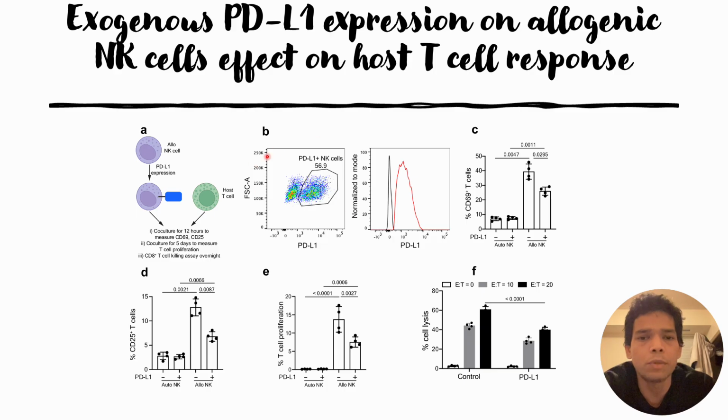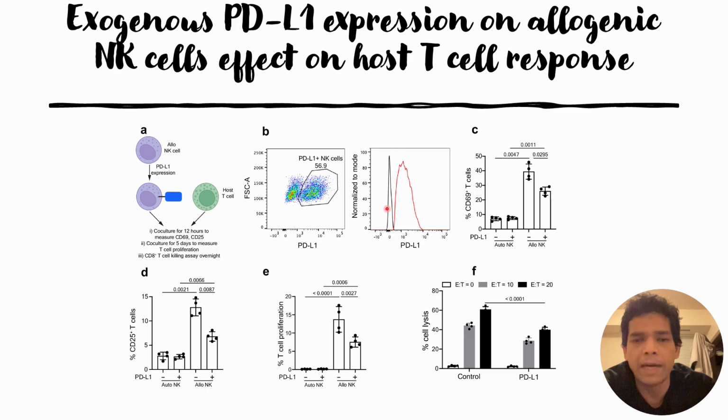Panel B shows the lentivirus transduction efficiencies, where we can see that around 56.9% of the cells are transduced, which have PD-L1 positive signals. Thereafter, they sorted and expanded these cells, and then used them for the final co-culture with the T cells.